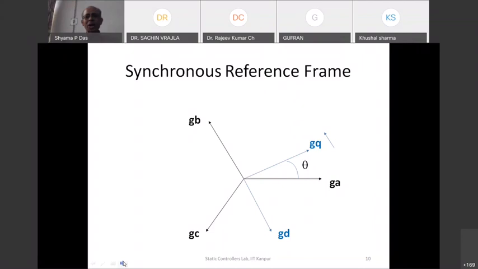These are the two variables in the synchronous reference frame, GD and GQ, and we have chosen the angle between GQ and GA to be theta. And theta is a continuously increasing variable because it is omega into t. Omega is the angular frequency, and t is the time, which is constantly increasing. Next slide, please.